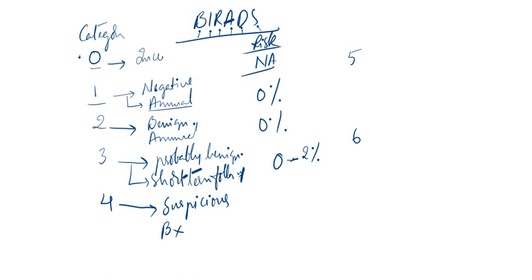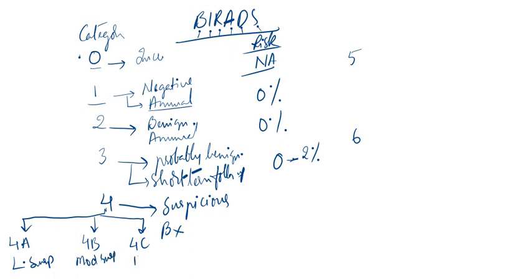This 4 is further divided into another 3 categories, that is 4A, 4B, 4C. 4A means low suspicion, 4B is moderately suspicious, and 4C is highly suspicious of malignancy. So check in which category the patient is coming.